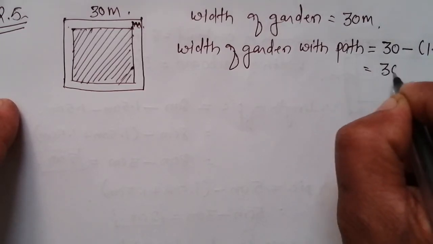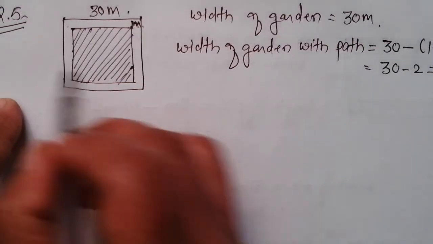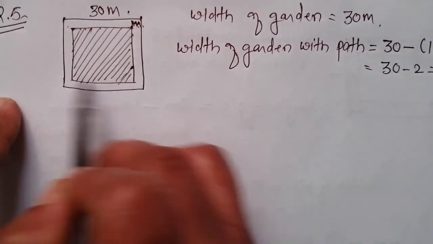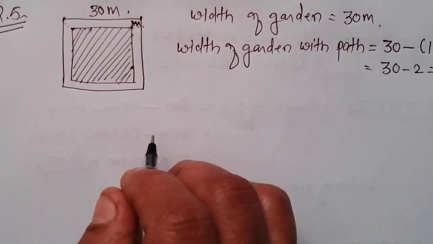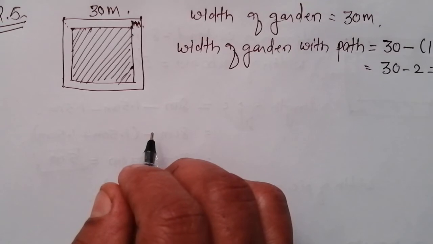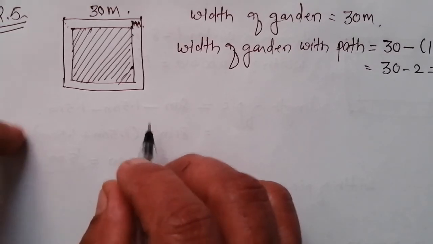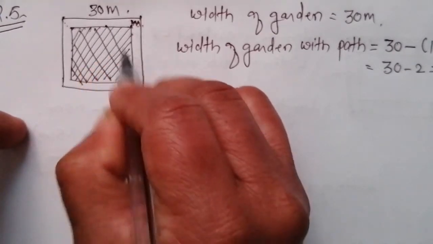That means 30 minus 2 is equal to 28 meter. Now first of all you have to find out the area of the path, and then the area of the garden, for which the rate is given.